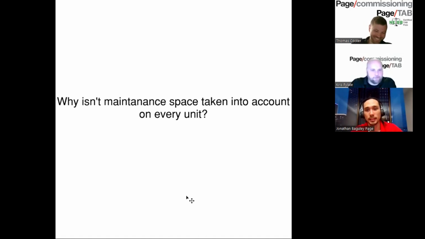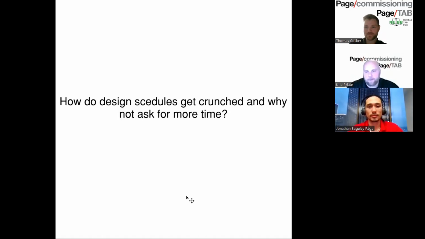Question. Instead of putting out garbage designs, why don't you just ask for more time? Again, I don't produce garbage, but I can see how an engineer can produce a subpar design. A lot of the times the architects get pushed to redesign stuff, and then it squeezes the deadlines. We do ask for more time, but it's not always possible.